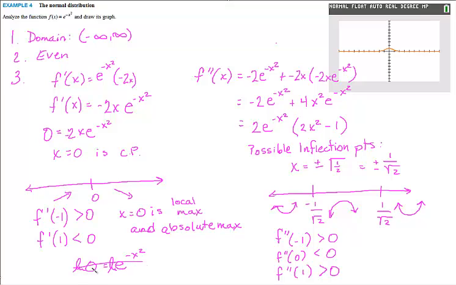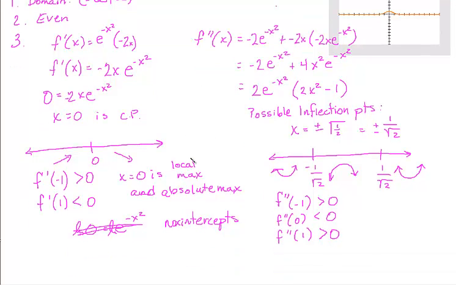So it doesn't ever cross, so no x-intercepts. Clearly I have a y-intercept up here at the top, so if I plug in a 0 for x, my y-intercept is y equals 1. E to the 0 is 1.